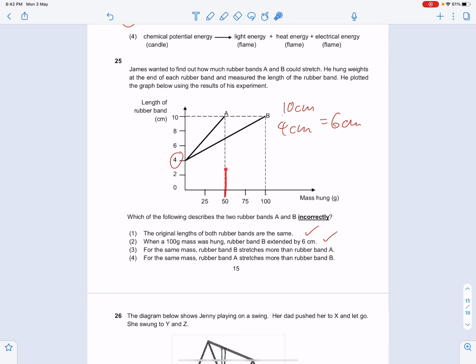At 50, for A, it has reached 10 cm, right? But for B, it has only reached about 7 cm right over here. So as you can see, in actual fact, A actually stretches more than B.